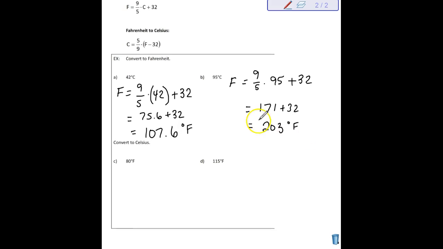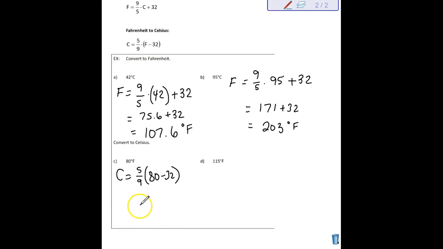Now we're going to use our second formula and we're going to convert from Fahrenheit back to degrees Celsius. So this says Celsius is 5/9 times, here we're going to put in 80 minus 32.